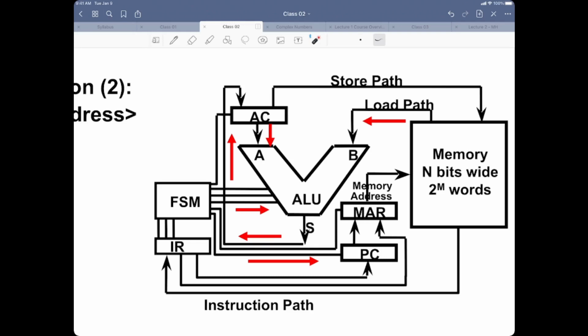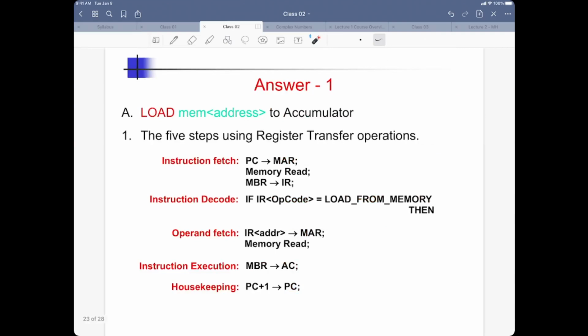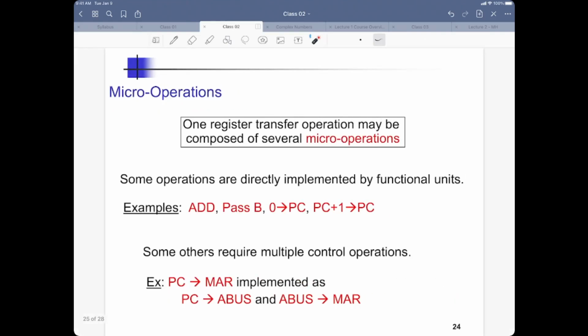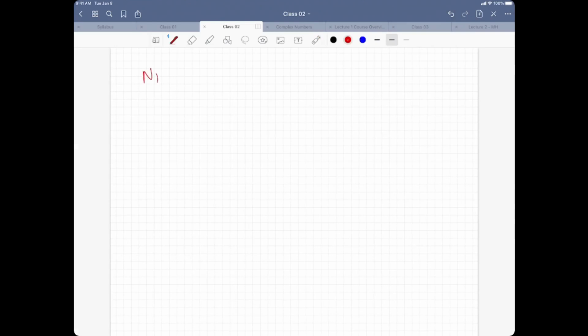What do you do? Let us do an interesting example here. Suppose you have N1 and N2 in memory. What you need to do is S equals N1 plus N2, and you need to store S in memory.